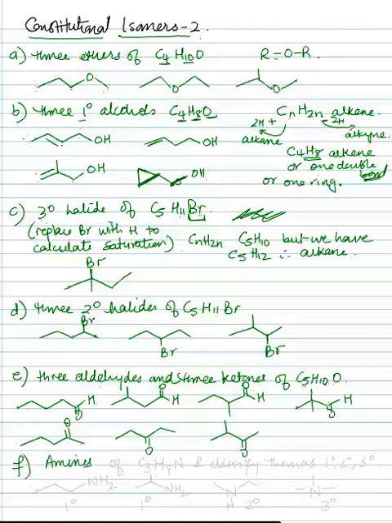And amines of C3H9N. Okay, and so all amines that we can draw for C3H9N, and then we will classify them also. Okay, and classify them as primary, secondary, tertiary.